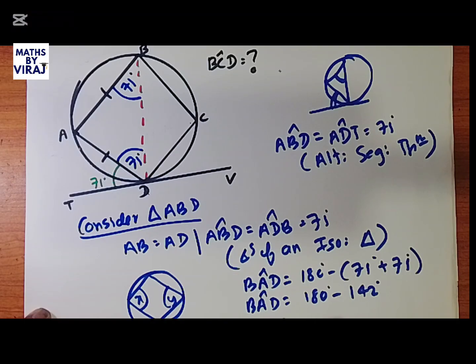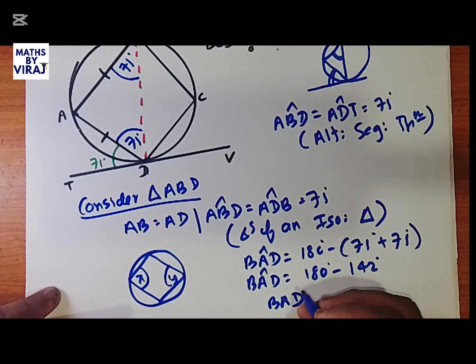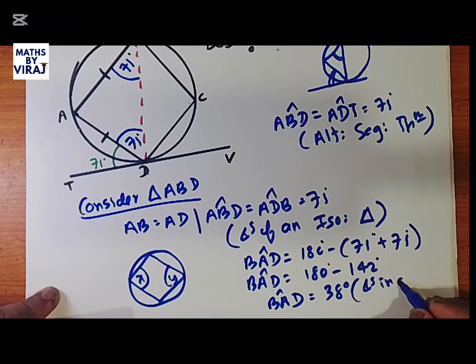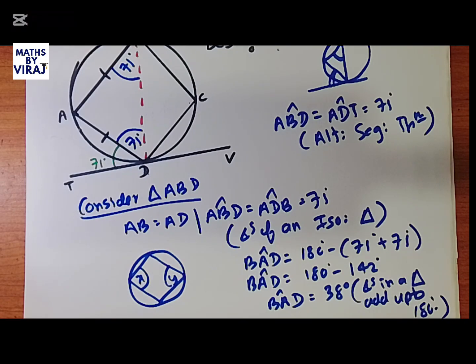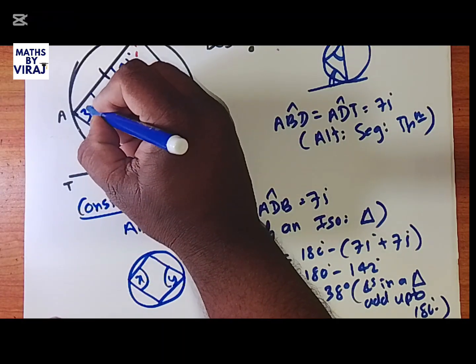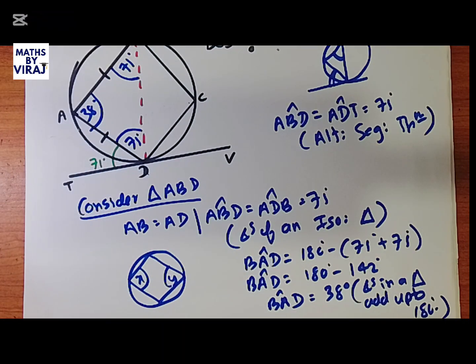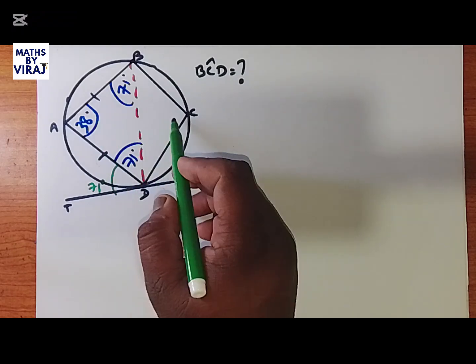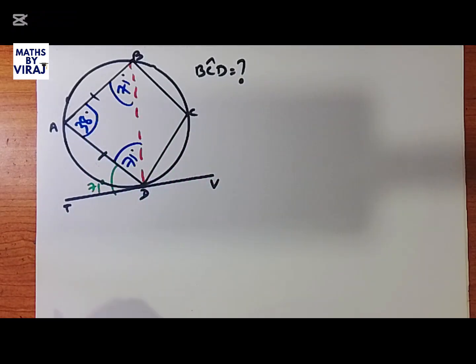142. Therefore, angle BAD is equal to how much? 38 degrees. What is the reason? Angles in a triangle add up to 180. So now we have calculated the value here, BAD as 38 degrees. Simple. Children, having known the angle BAD as 38, we know that opposite angles of a cyclic quadrilateral add up to 180.